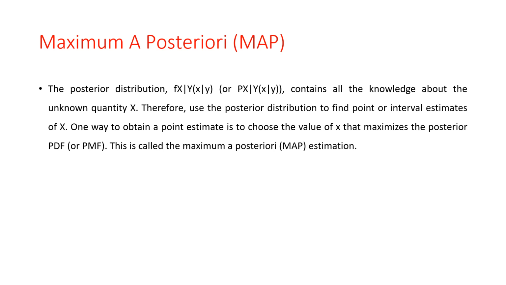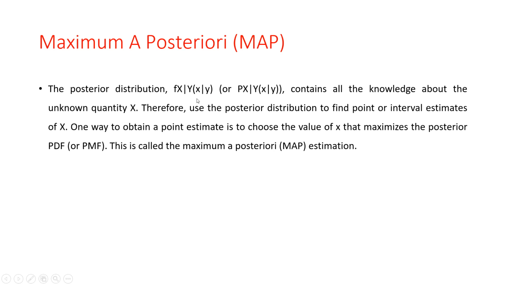The posterior distribution of X given Y, written as f of x given y or probability of x given y, contains all the knowledge about the unknown quantity X. What is the unknown quantity here?